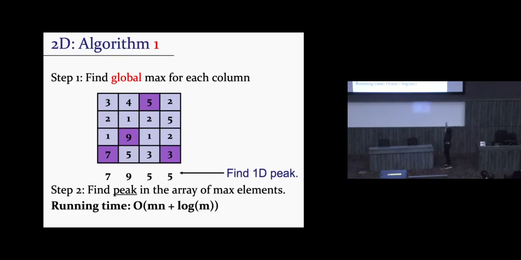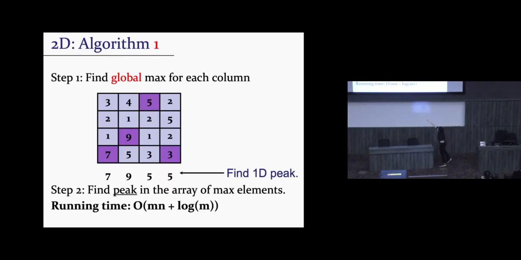Okay. So let's revisit why algorithm 1 worked. It wasn't efficient, but let's think about this a little bit. Why was it helpful to find the max? When you find the max of the column, you're guaranteed that the vertical comparisons are good, right? When you find the 1D peak, you're guaranteed that in terms of the horizontal comparisons, you're also good, right?